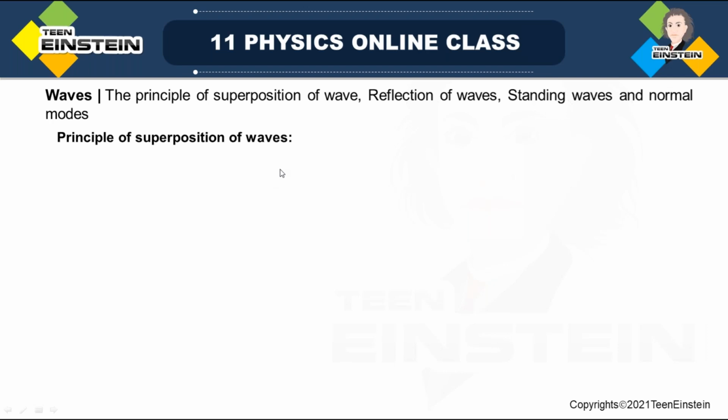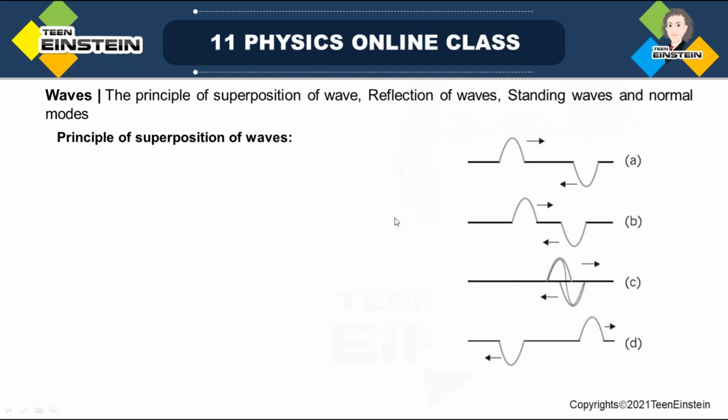Suppose you have a string. As you see in this figure, there are 4 figures here. If you have a string and somehow you create a disturbance like this, this particular element of the string will be oscillating in the upward direction, right?